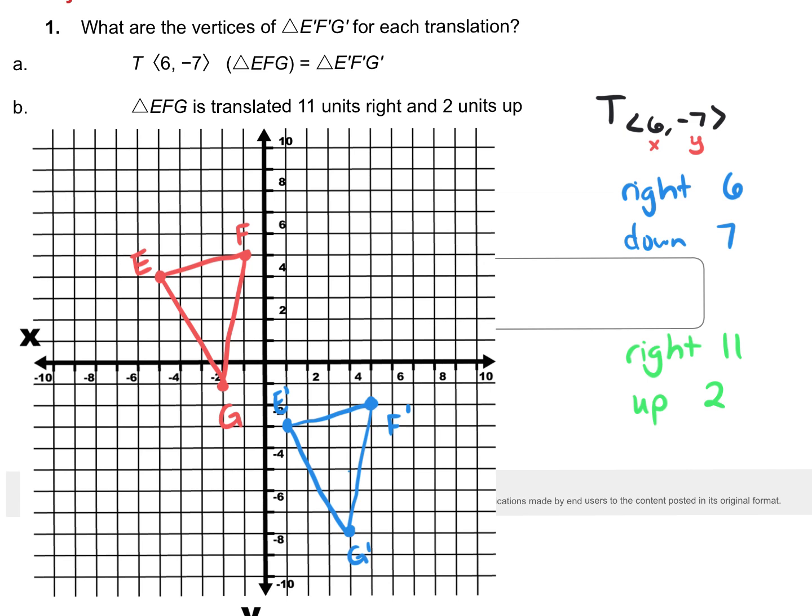Look at my picture up here. Am I going from the red or from the blue? Which one's my original? Oh, red. The red, right? So you should have this on another graph. Okay, so you're going to go on your new graph from the red one here. You're going to go right 11 up 2.